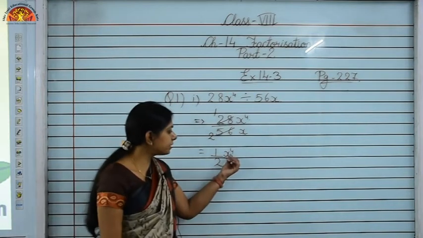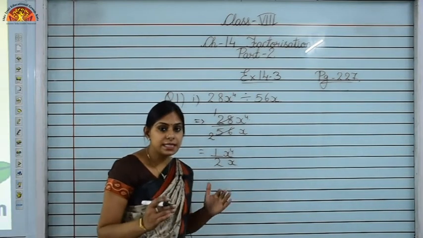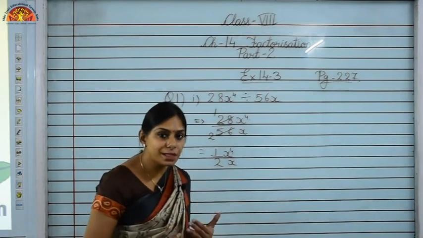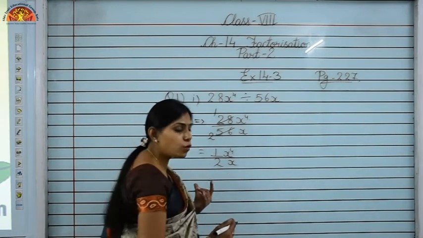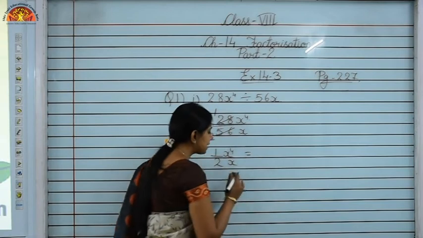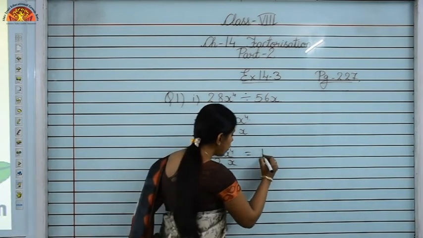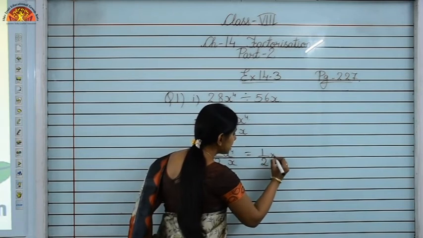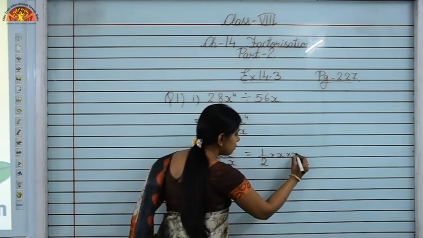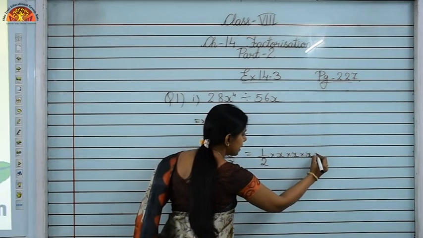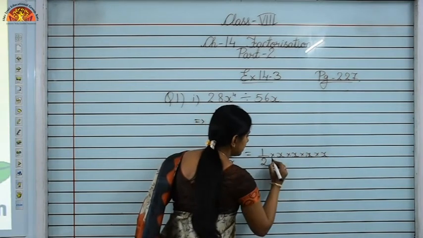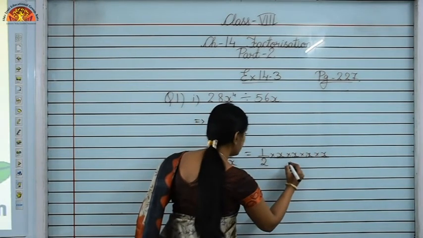Now how can you write x to the power 4? x is getting multiplied by itself 4 times. So you can write it as x into x into x into x, whole upon x.